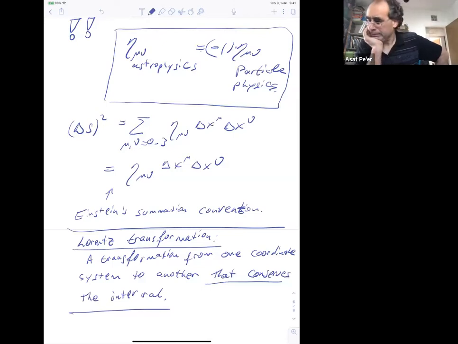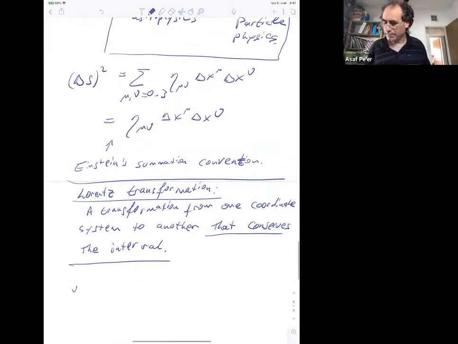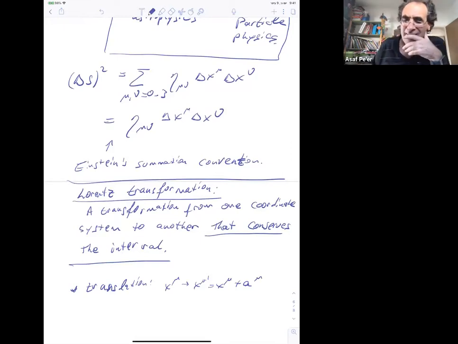Now it gets quite simple. We wanted the interval to be conserved. One example is a simple translation. What is a translation? x mu goes to x mu prime, which is simply x mu added with some constant. Let's simply shift the origin.